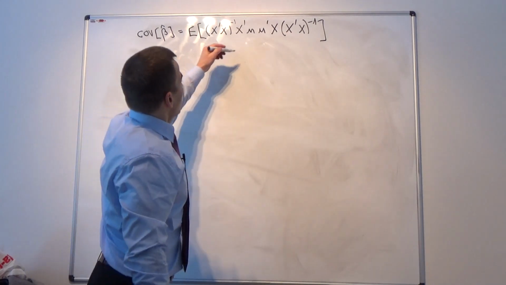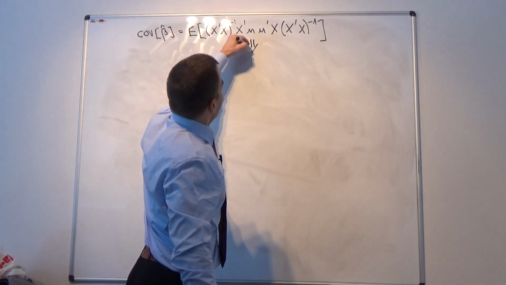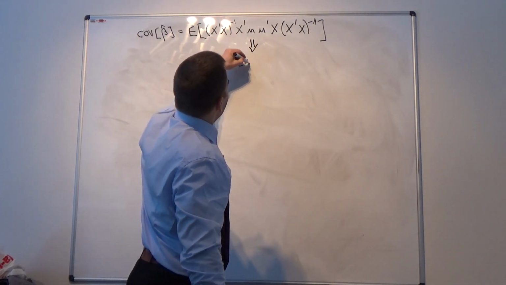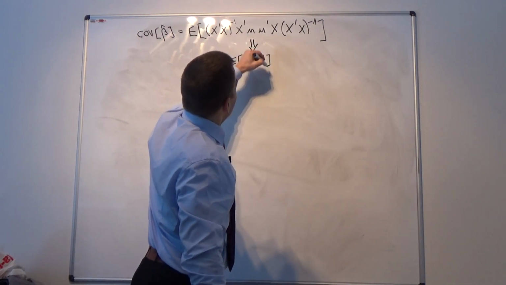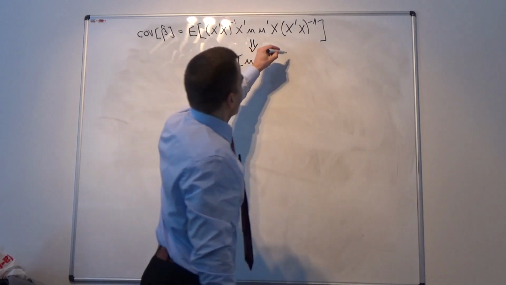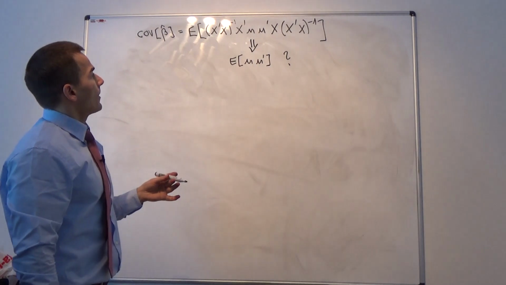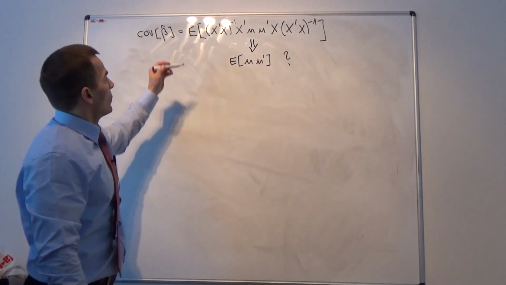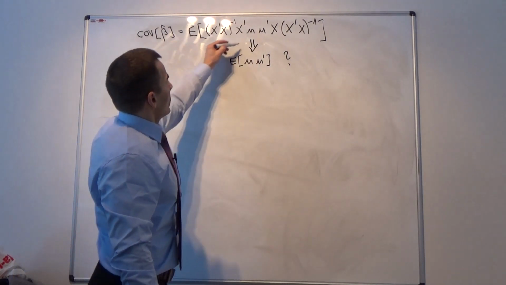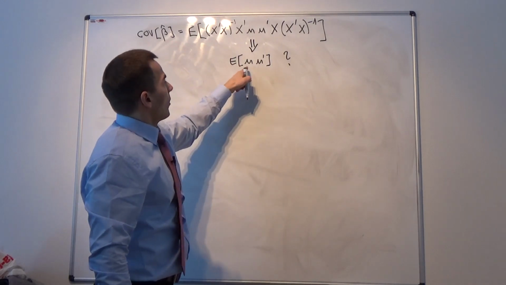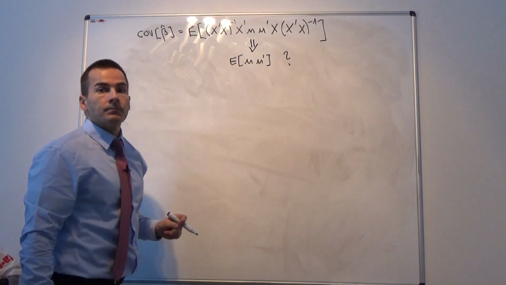So the question arises, what's the expectation of u times u transposed? That's obviously the interesting part here. That's the random part, so we would move the expectation operator in, and we're interested in the expectation of u times u prime.